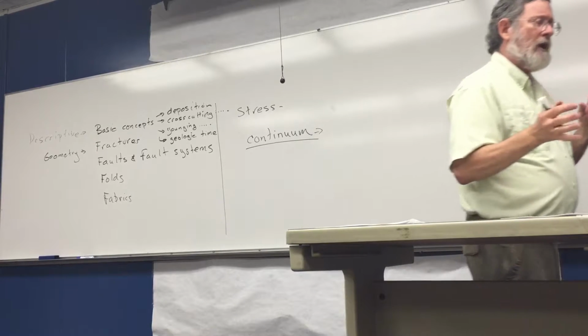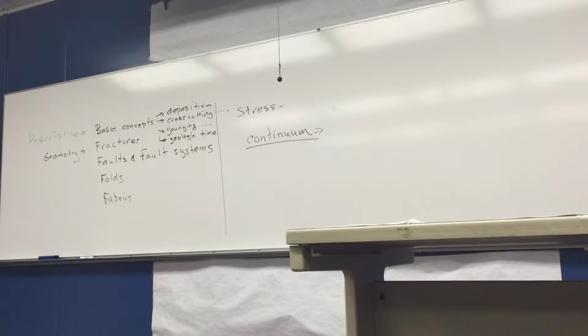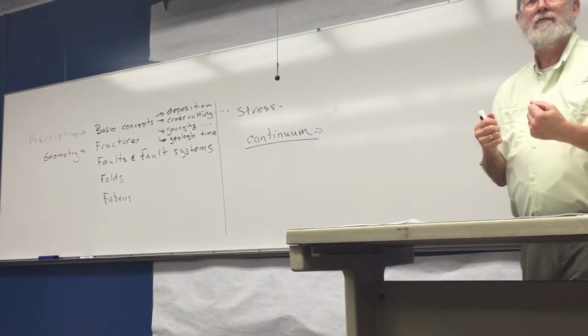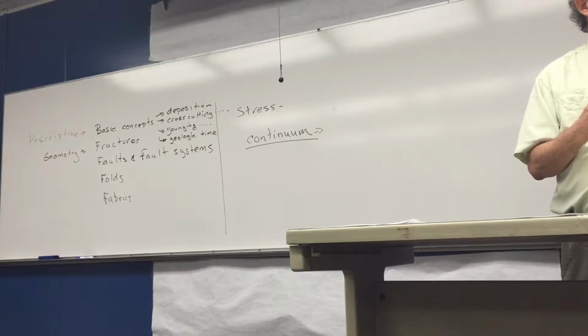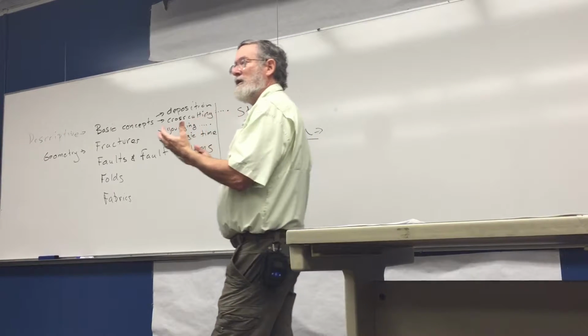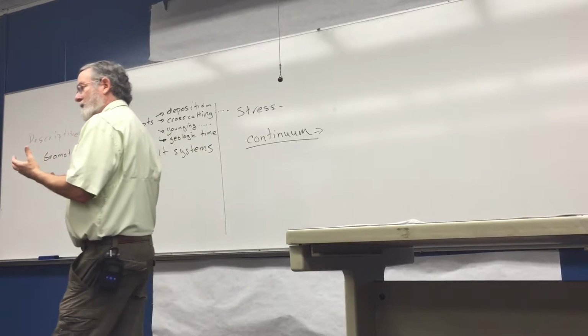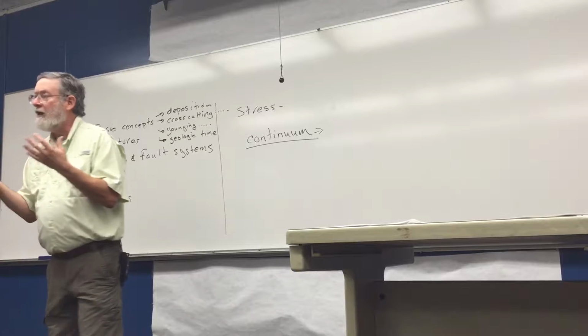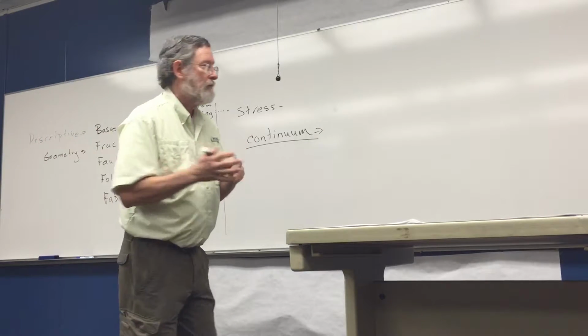When we describe materials, especially when we describe materials geologically and describe geologic systems, we tend to use words like homogeneous, isotropic, or a system that is inhomogeneous or anisotropic. Those will have different meanings to different people.